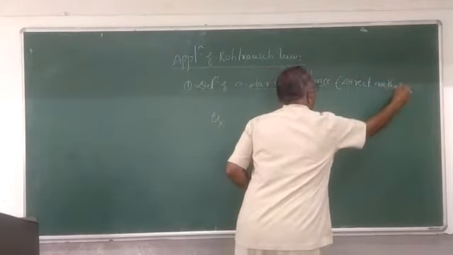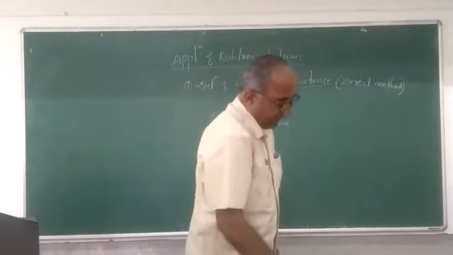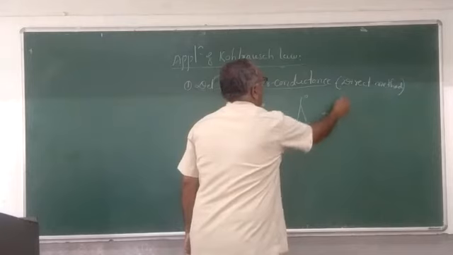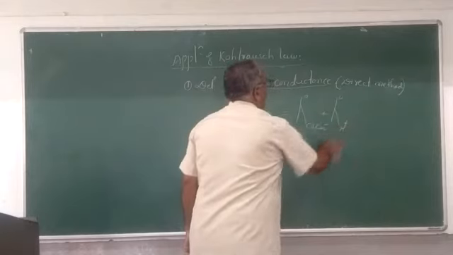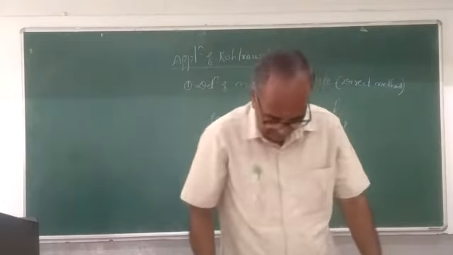For example, the molar conductance of acetic acid can be calculated as the sum of the molar conductance of the acetate ion and the molar conductance of the hydrogen ion, that is, the anion and the cation.